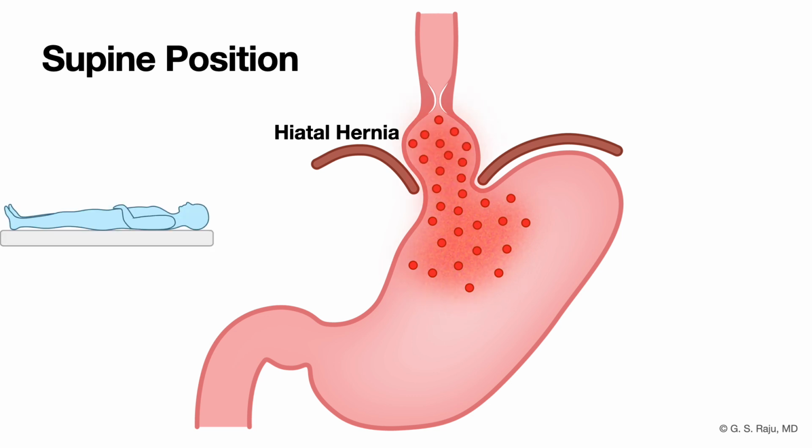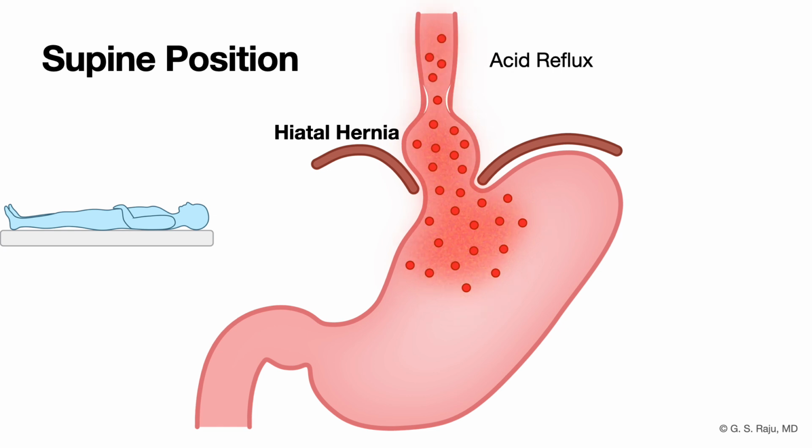When he lies down, the acid that has been secreted by the stomach tries to enter into the hiatal hernia sac, and from there, if the lower esophageal sphincter is weak or goes into transient lower esophageal sphincter relaxation, it refluxes up into the esophagus.